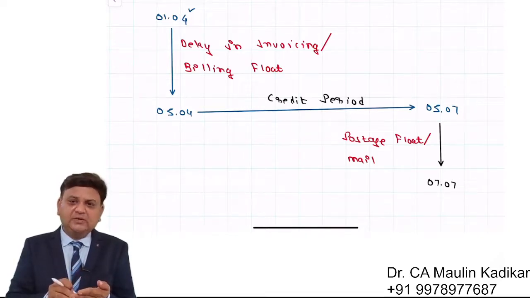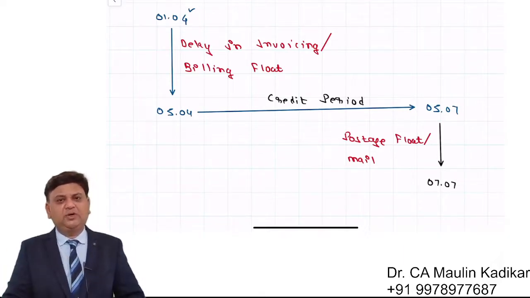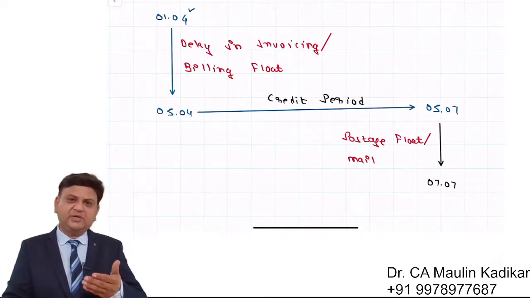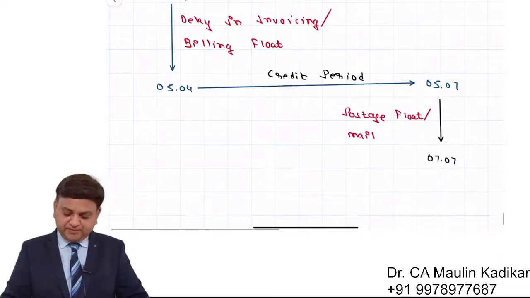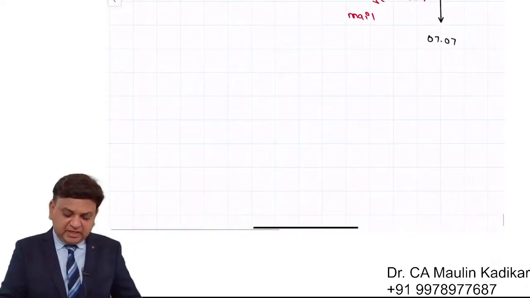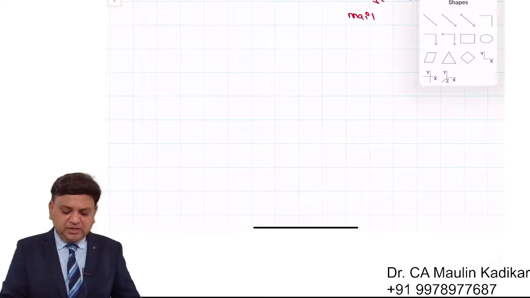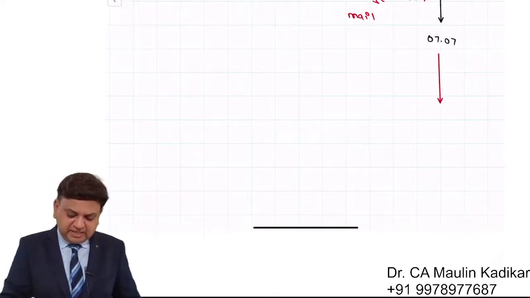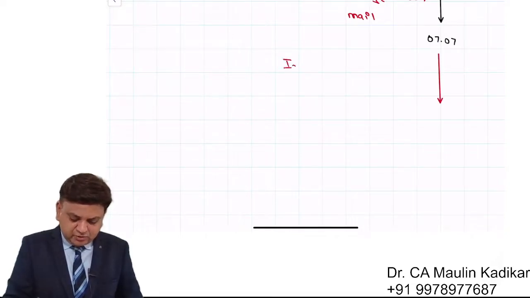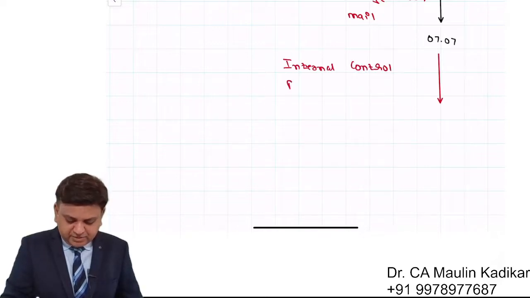If there is a discount scheme, then whether a discount is claimed by the customer or not, and if the customer has claimed discount, whether it is proper or not. These are the things you will verify before you deposit the check. So there is a delay because the deposit of the check is not on 7th, and this is technically given a name as internal control processing float. This is called internal control processing float.